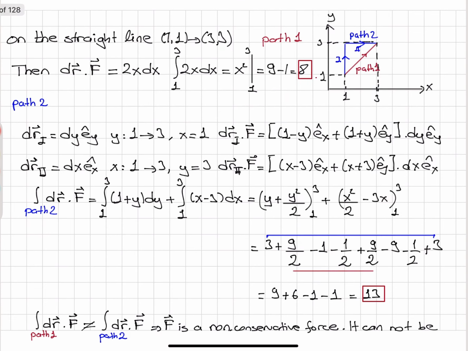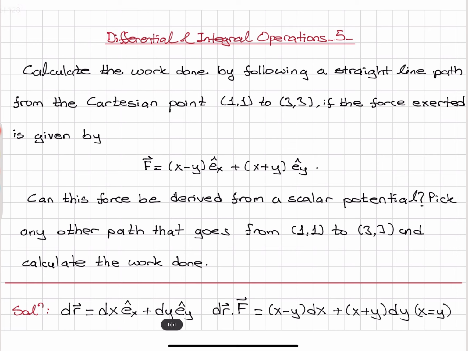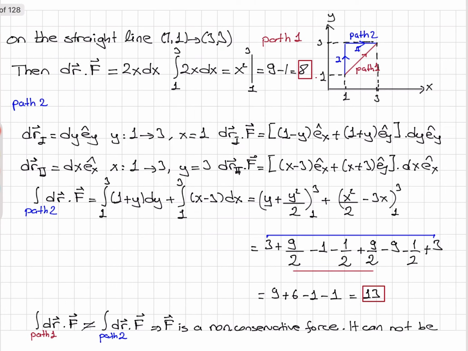Okay, so we worked on the work done by a force F given in this form from point 1,1 to 3,3, first on a straight line path where x is equal to y, so this term disappears and we have 2y ey hat, and then on a second path from 1,1 to 1,3 and 1,3 to 3,3.